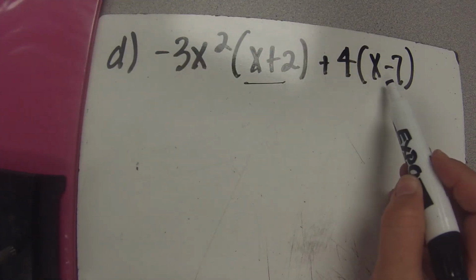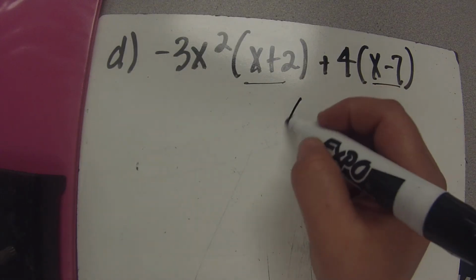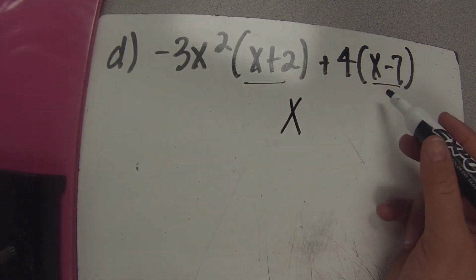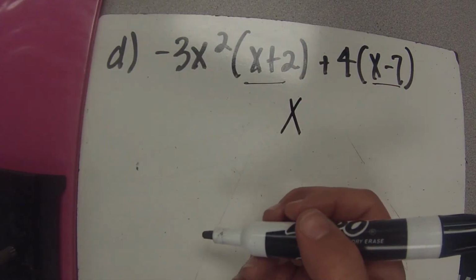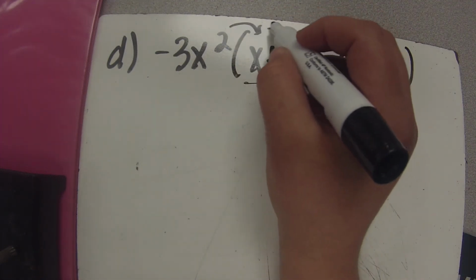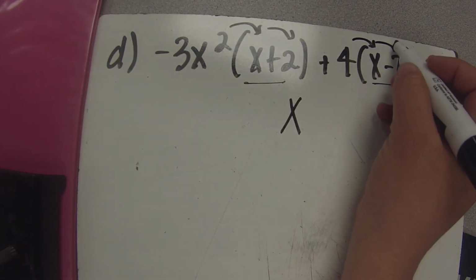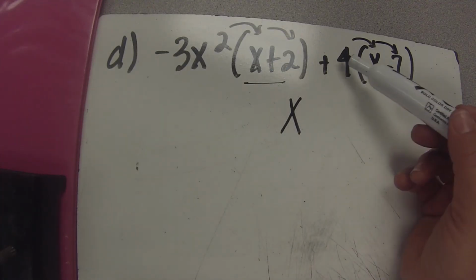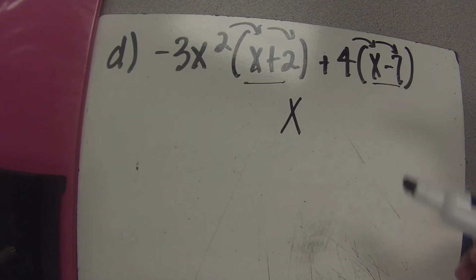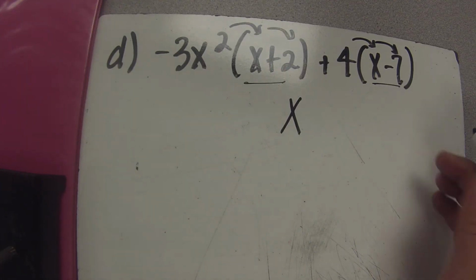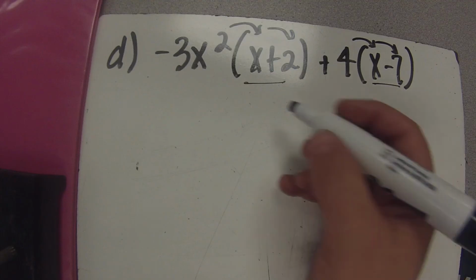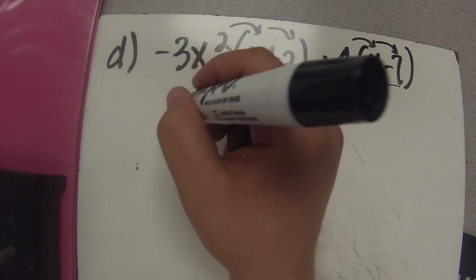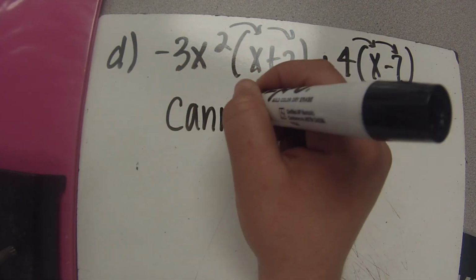Is there an x plus 2 or an x minus 7? No. There's no common factors here that can be pulled out. Even if we were to redistribute this and simplify, we would still have terms that don't have a variable term with it. Meaning, if I multiplied 4 times negative 7, I'd get negative 28. There's no x term there that I can pull out. And so, since there are no common factors, this cannot be factored.